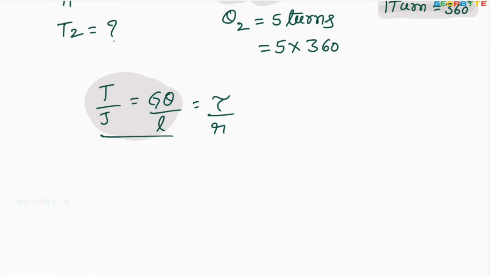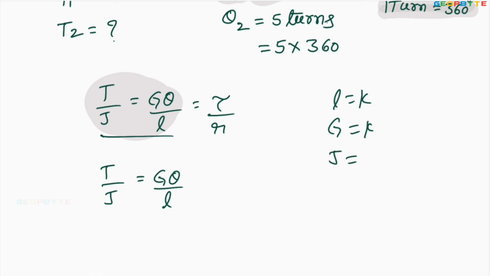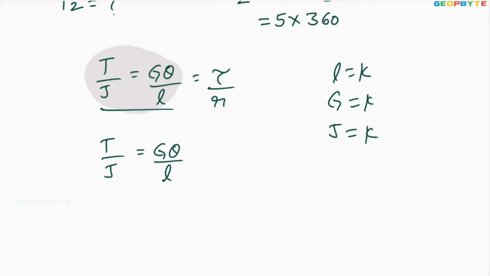T by J equal to G theta by L. Here length remains constant, G remains constant, J remains constant because nothing is given regarding the diameters and lengths.